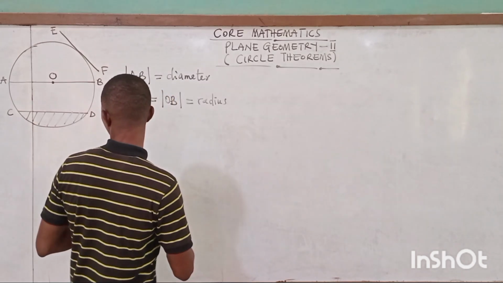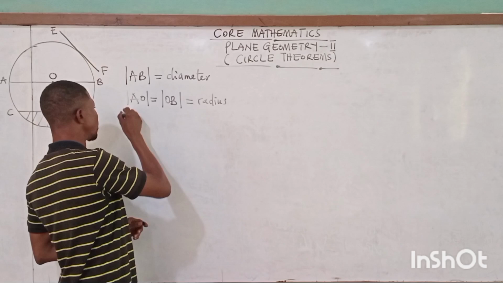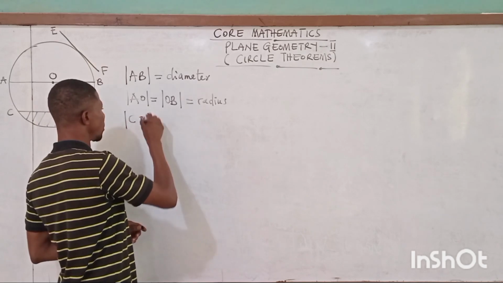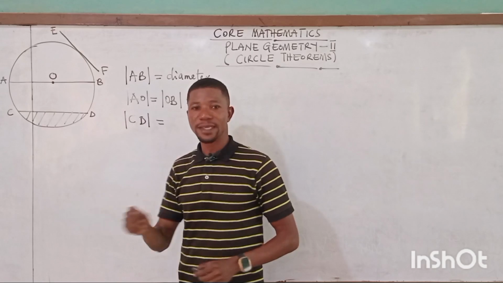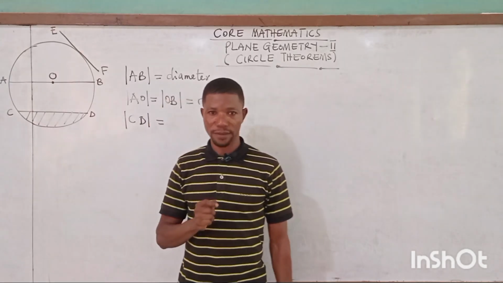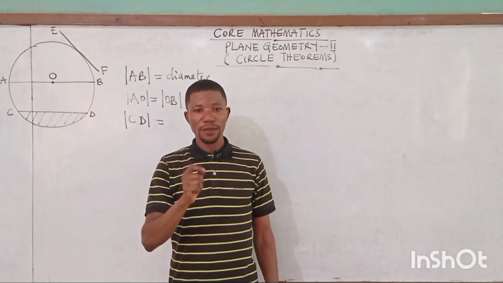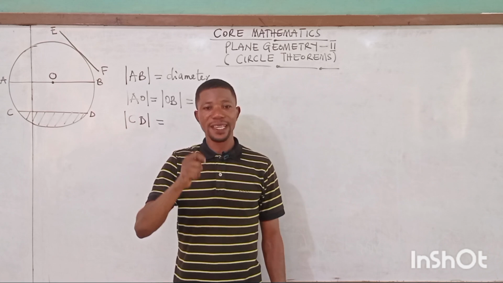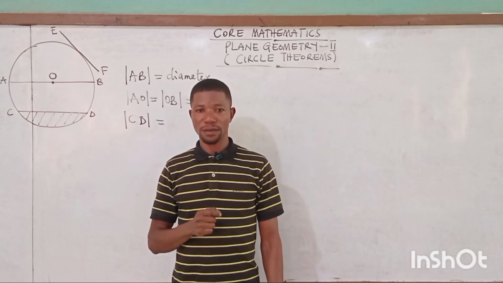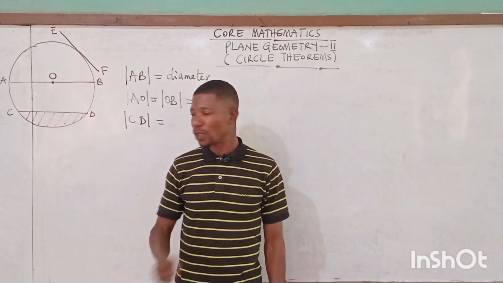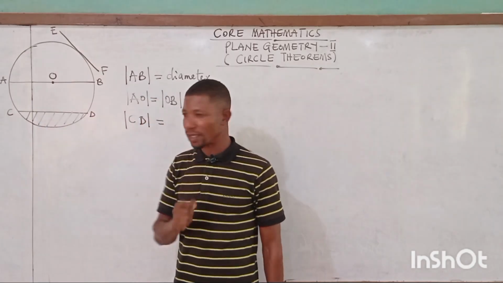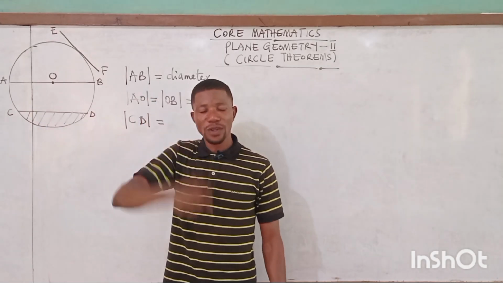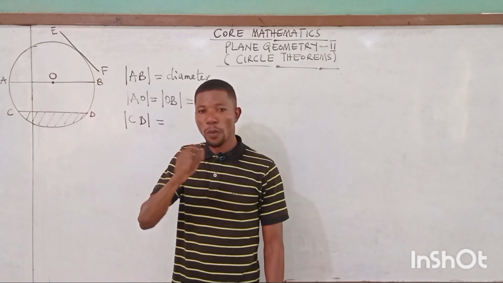We also have the length CD on the circle. So you can see the length CD of the circle is known as a chord. One of the terminologies that we shall employ here is mostly the chord, diameter and other ones. So the chord is this particular one. This line CD is also a line segment, but that does not divide the circle into two equal parts.